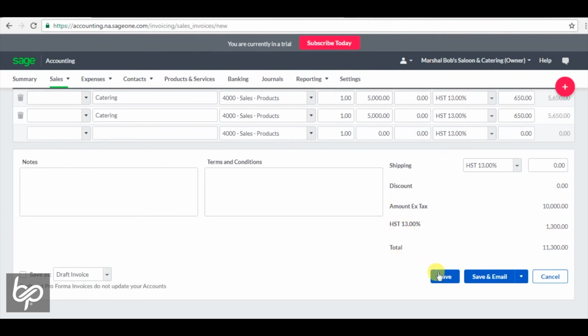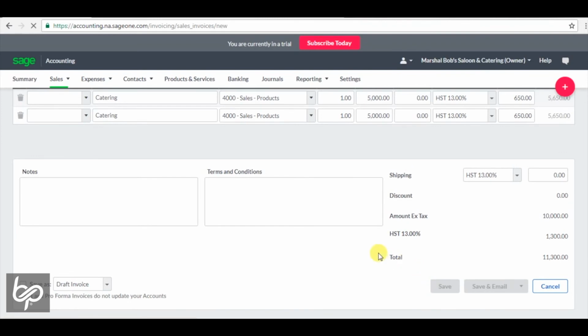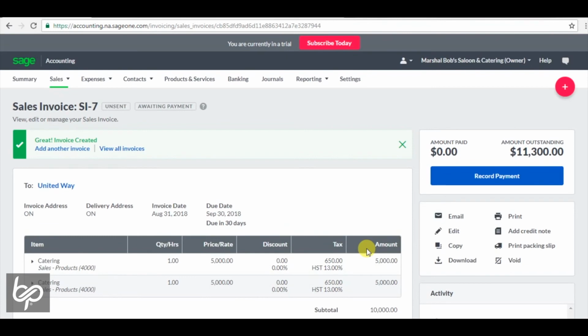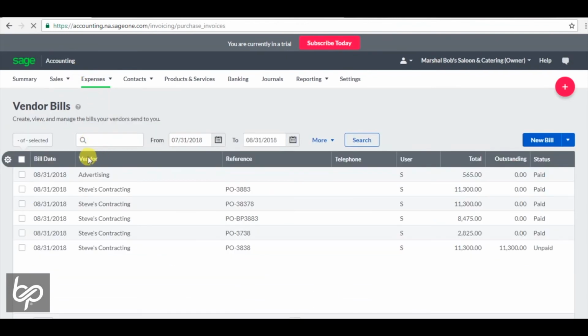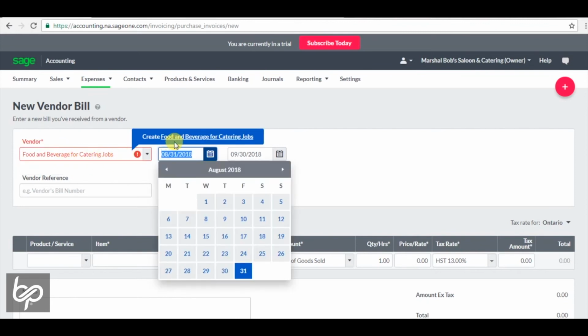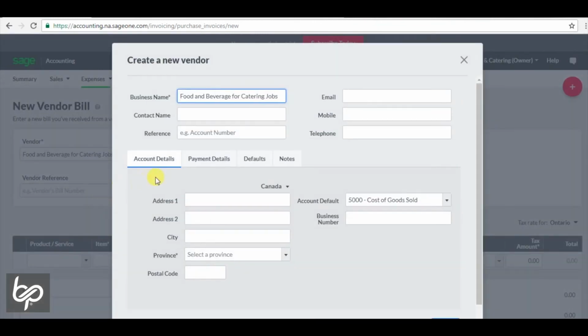Now, obviously there are going to be costs associated with that. So for the sales and marketing department to do an additional job like that, let's do a vendor bill here. Obviously this is being made very simplistic, but let's say we have a food and beverage vendor who takes care of all of it. Let's add that, and he also has to have a province.